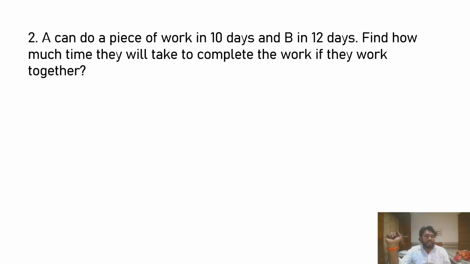A can do a piece of work in 10 days and B in 12 days. Find how much time they will take to complete the work if they work together. Similar problem. If you observe here, I'm using a formula called efficiency into time is equal to work.